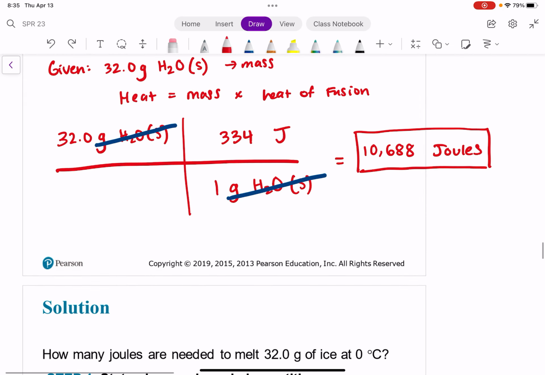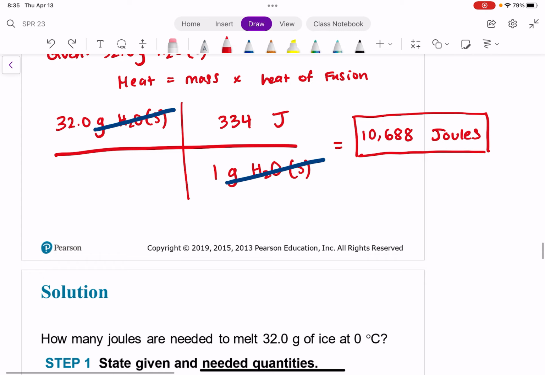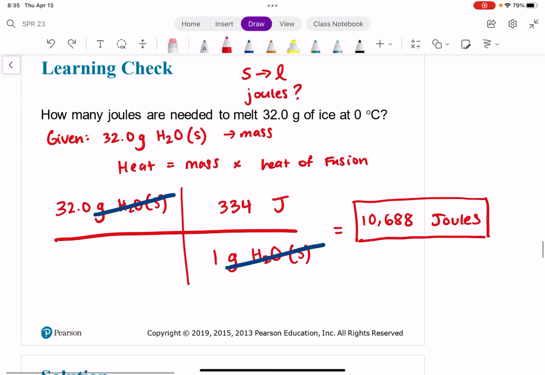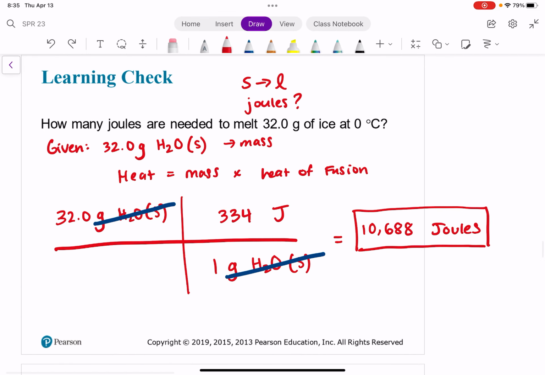Oh gosh, we got to make sure we do our sig figs correctly. So we have 3 sig figs here because of that decimal point, right? So how many sig figs should I have over here? Yeah, I should have 3. So how am I going to represent this in 3 sig figs? Yeah, you're going to have to round. So you're going to have to round up to 10,700 joules.